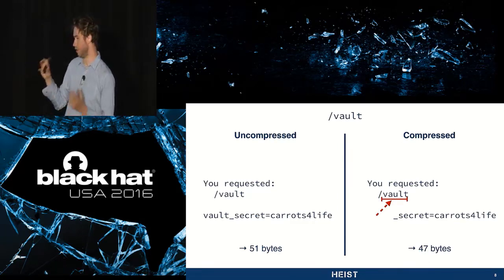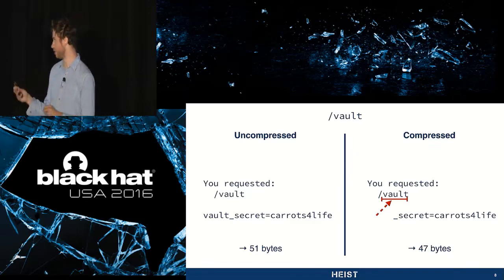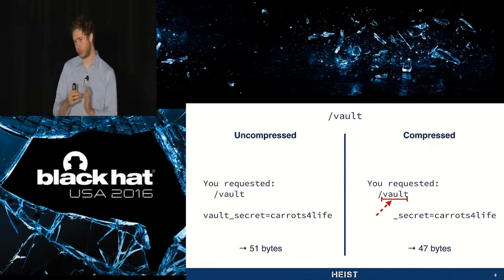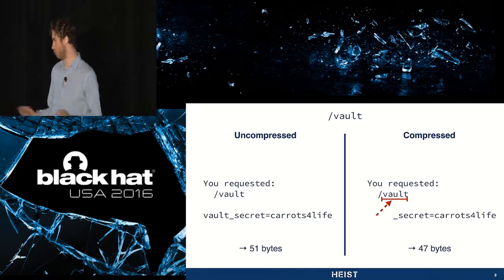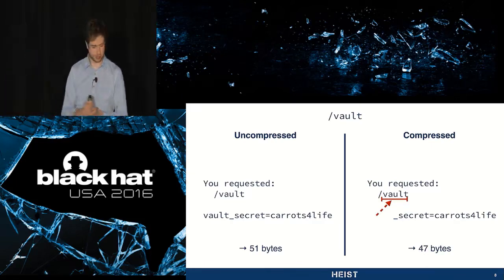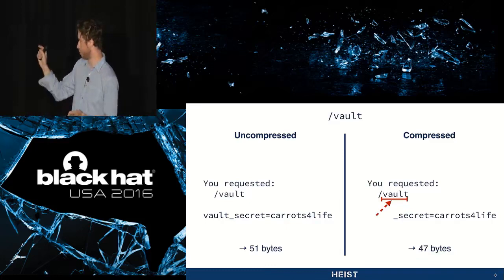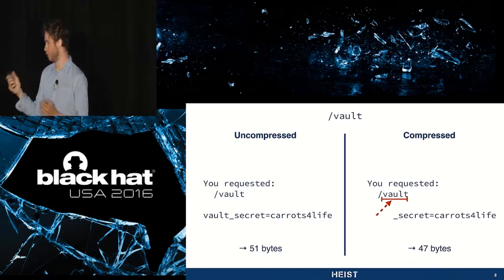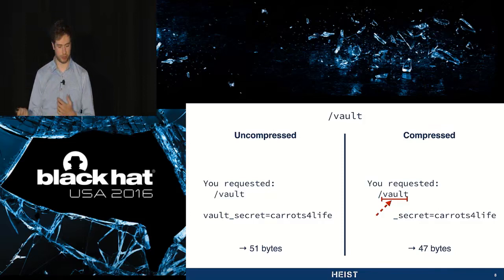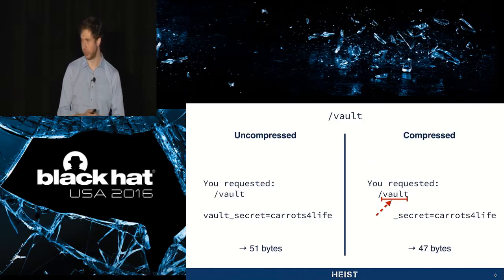So when this resource gets compressed, it will try to look for strings that occur twice or 3 times or more. So in this case, the string vault, V-A-U-L-T, occurs twice. The second occurrence of this string will be replaced with a back reference, which is much smaller than repeating the complete string.